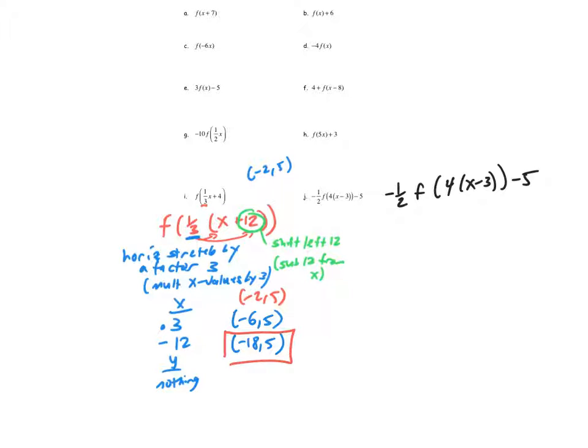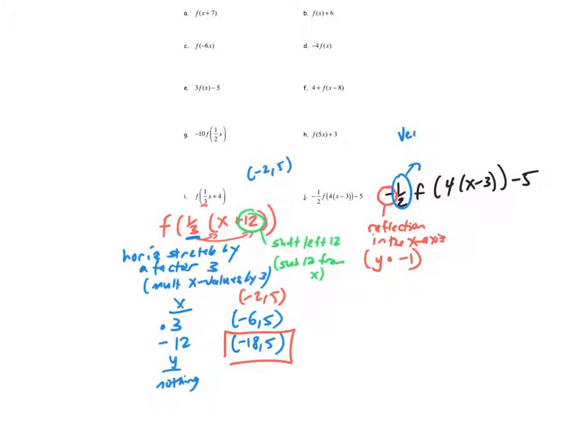Okay, so the first thing that we see here is a negative out in front. That's outside the function. That's going to be a reflection in the x-axis. And in terms of what we do to x or y, this means we're going to multiply y by negative 1. Next thing that we have going on is this 1/2. This 1/2 multiplies y values. It's outside the function.